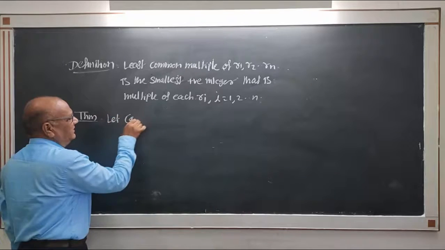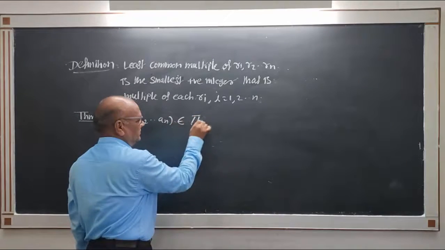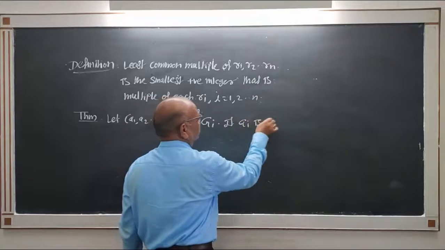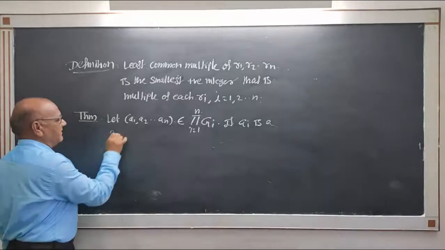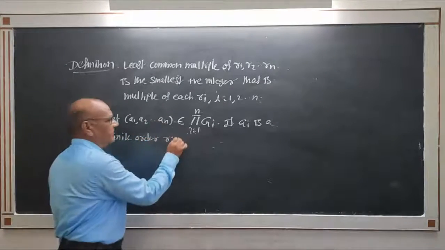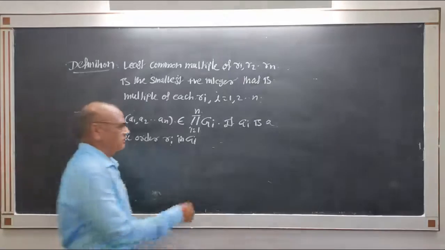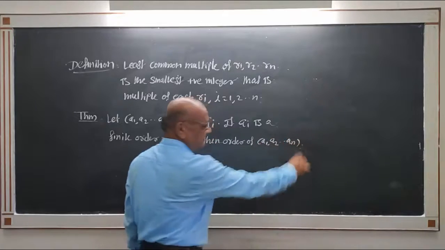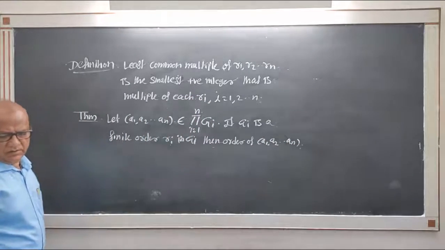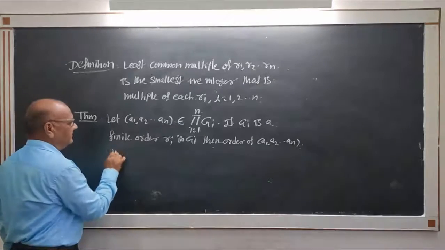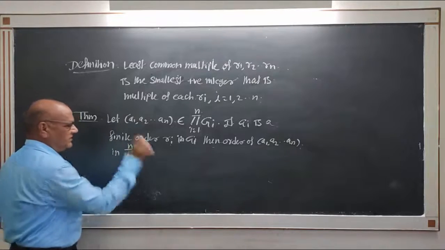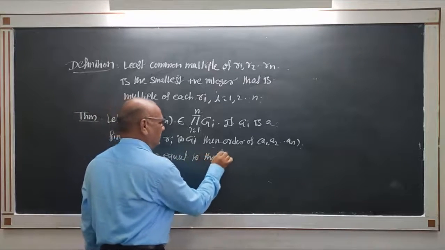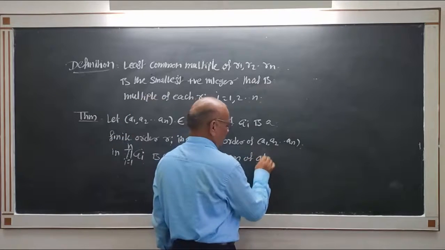Now one theorem here. Let (a1, a2, ..., an) belong to the direct product of Gi, i from 1 to n, where each ai is of finite order in Gi.